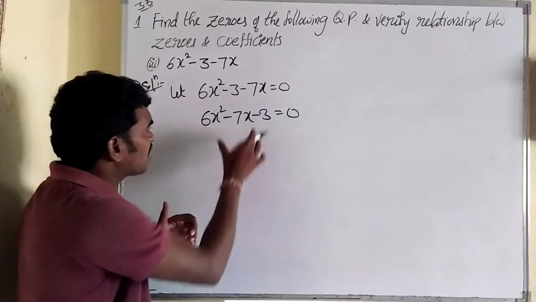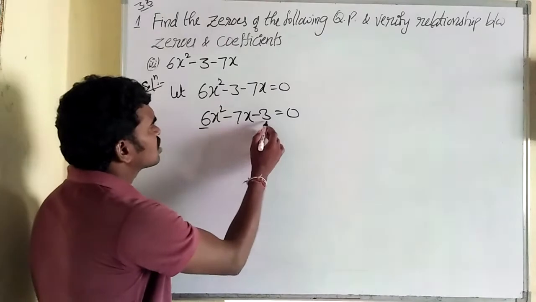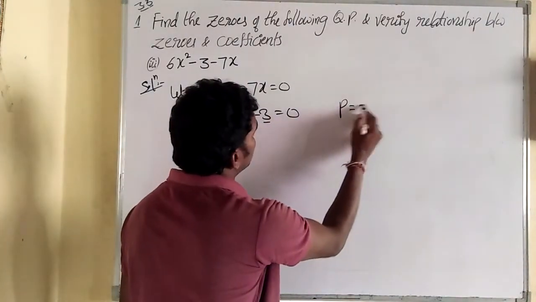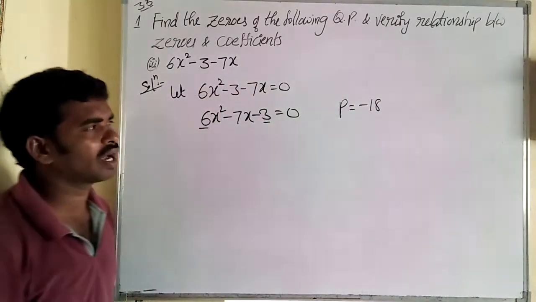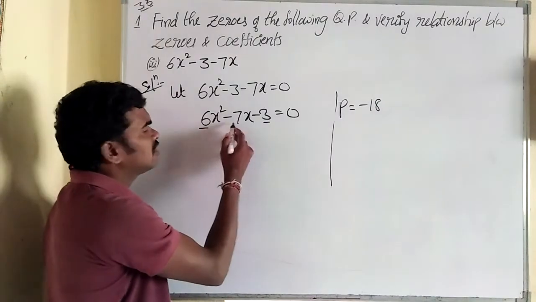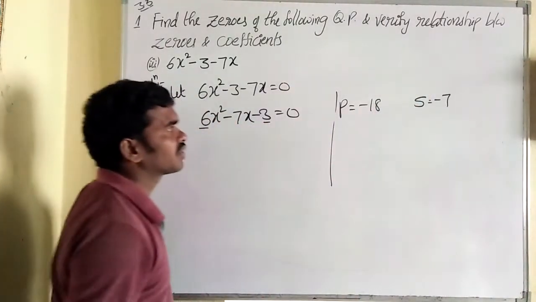Now factorization. How to factorize? Yes, the x square coefficient is what? 6. What is the constant term? Minus 3. So 6 into minus 3 is minus 18. This is taken as the product. And what is the middle term? Minus 7. Very good. So the sum is taken as minus 7.